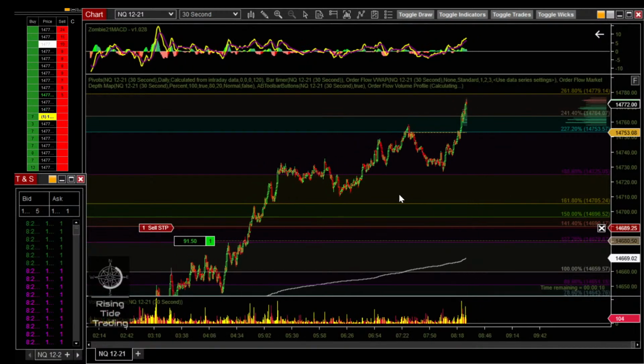What will show us how the day is gonna be is the daily and the 120. The 60 minutes is more directional, 15 and so on. But the daily and 120 give you an idea what the day is gonna be.